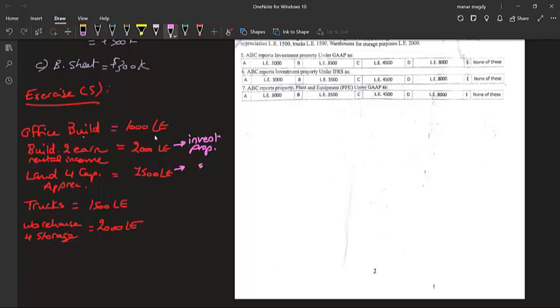While office building is an asset. Trucks are also property, plant, and equipment, an asset. And a warehouse for storage, so there is no intention to use it for investment purposes. So we have to differentiate between GAAP and IFRS.